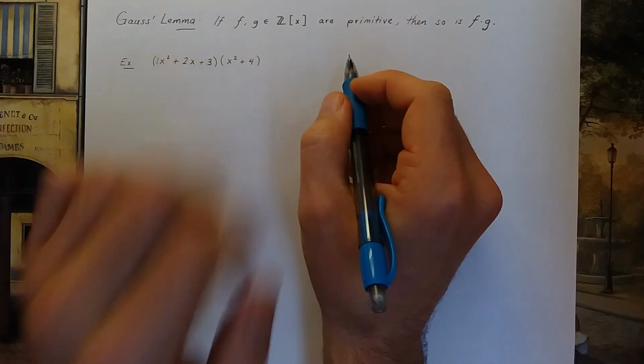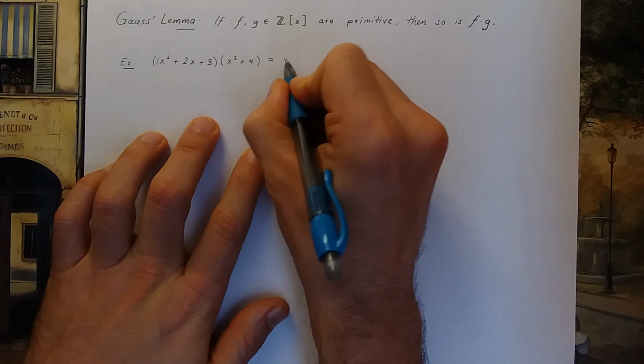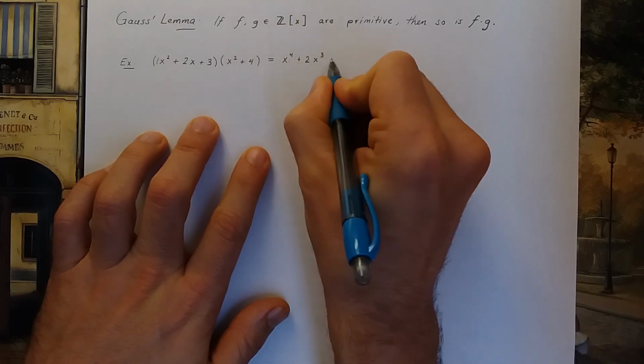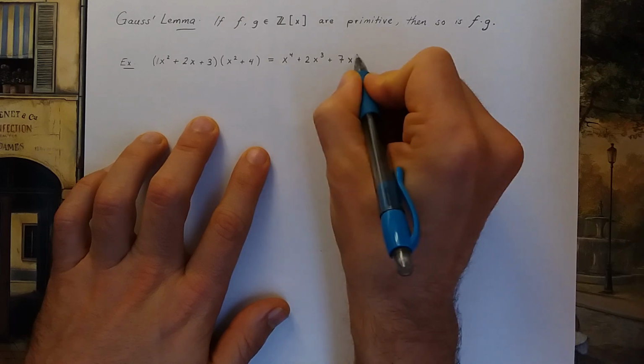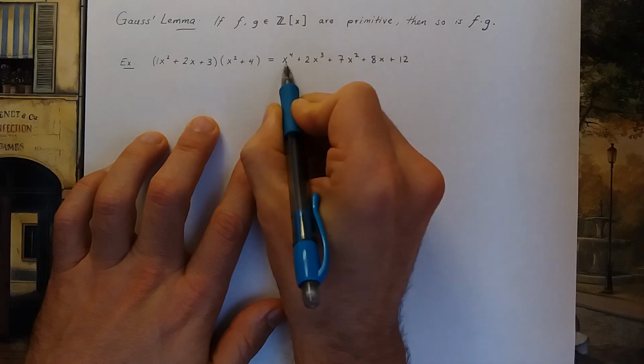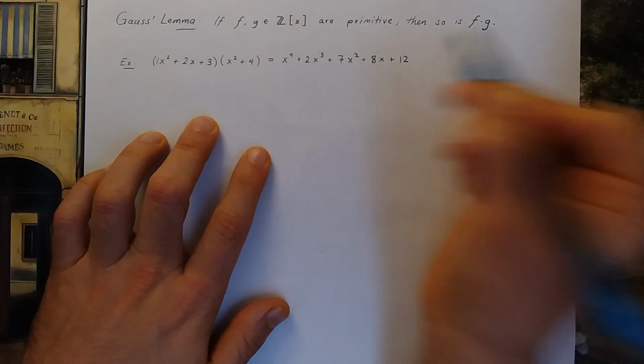So I have two primitive polynomials, and if you expand this, you get x to the fourth plus 2x cubed plus 7x squared plus 8x plus 12. And then if you look at the greatest common divisor of these coefficients, you also get 1.